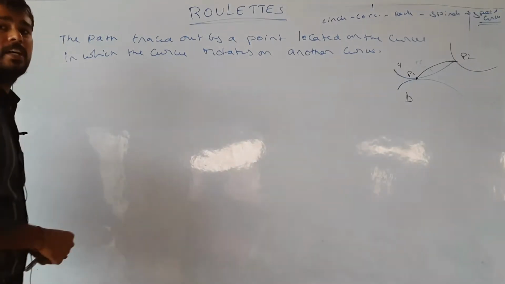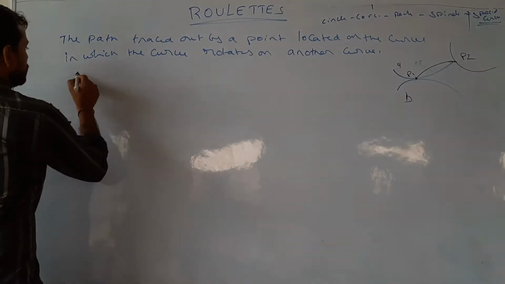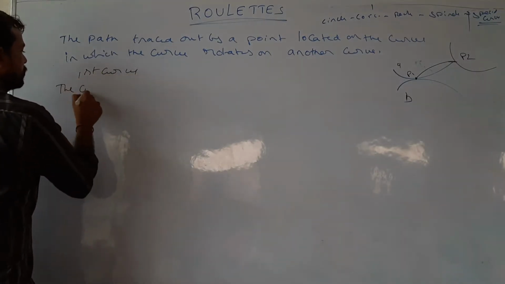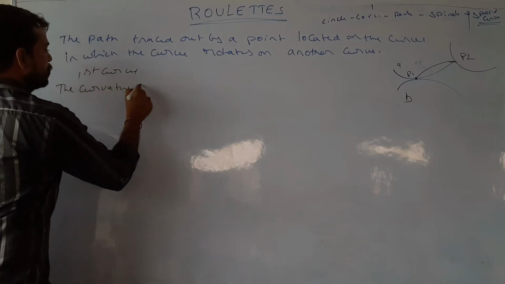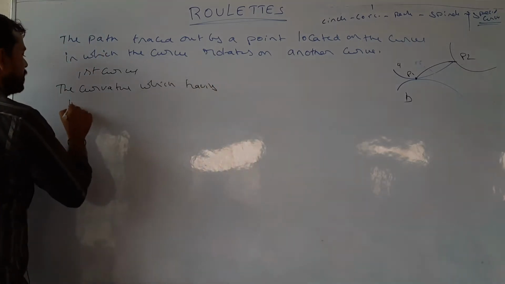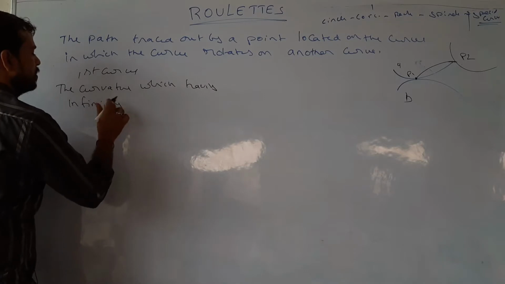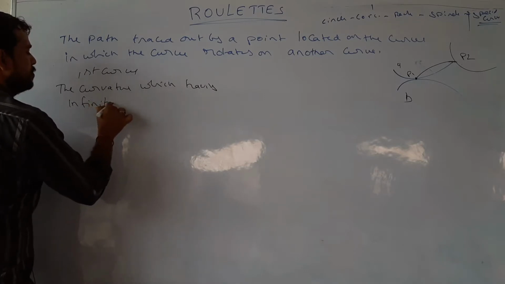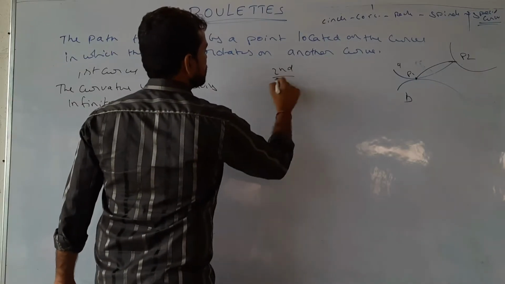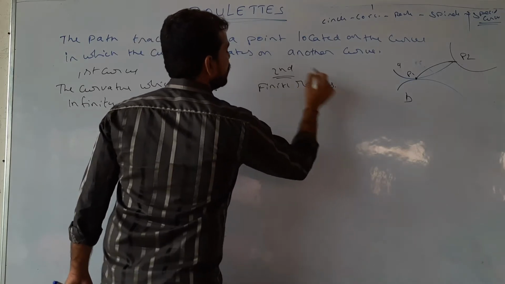How many curves are there? As we know, in general there are only two kinds of curves. The first is the curve which has infinite radius. The second curve is the one which has finite radius.